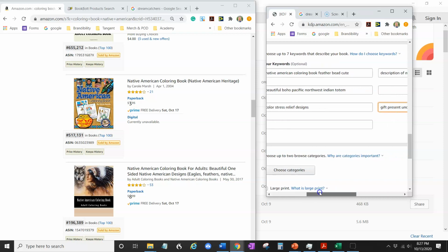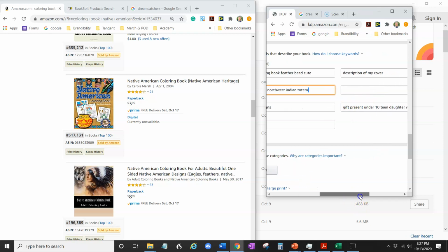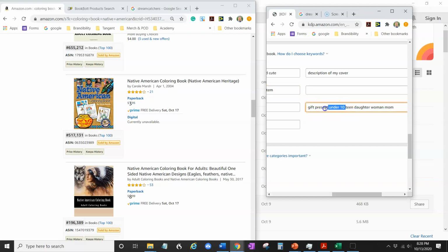That's kind of how I do keywords. I do not leave space blank. I'll move stuff around and say, oh, okay, I can move this word here, so that I can get maybe a longer keyword. Some stuff I do keep together, like gift present under 10. I do try and keep that as a phrase together.